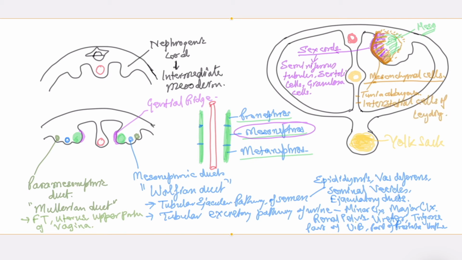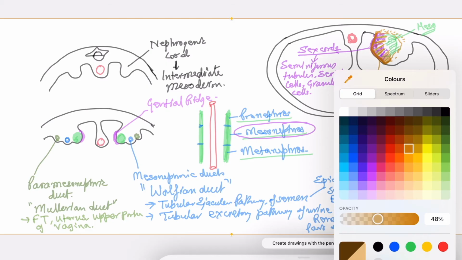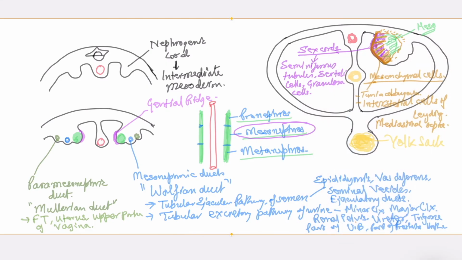In the testis, there is a mediastinum, the mediastinum testis. That mediastinal septa is also formed by these proliferating mesenchymal cells. And don't forget one more thing about the seminiferous tubules formed from these sex cords. Part of the seminiferous tubules remain in the lobules of the testis, but part of them cross the mediastinum testis and form a plexus here. Let me draw in the pink color.